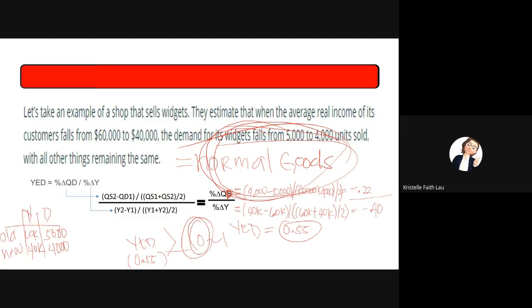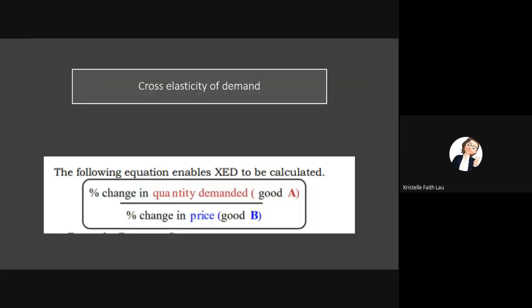We have here the cross-elasticity of demand. Okay, class. Sa cross-elasticity of demand, ito lang yung nag-iba yung formula.